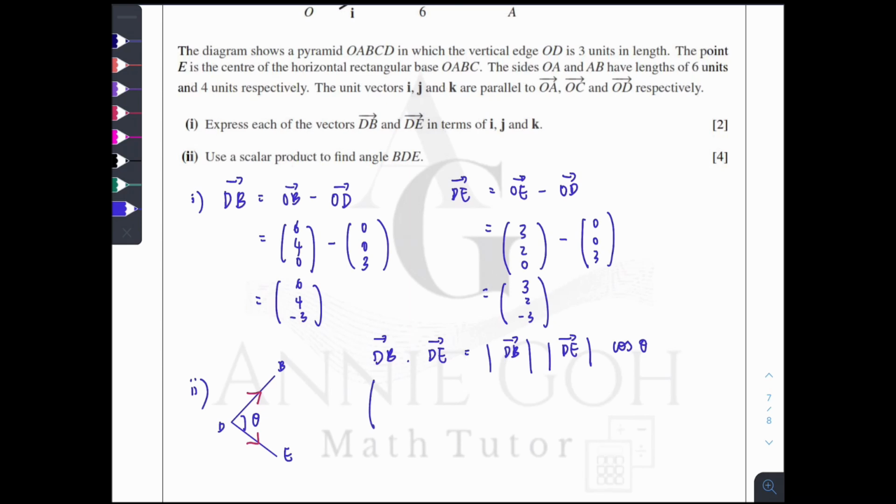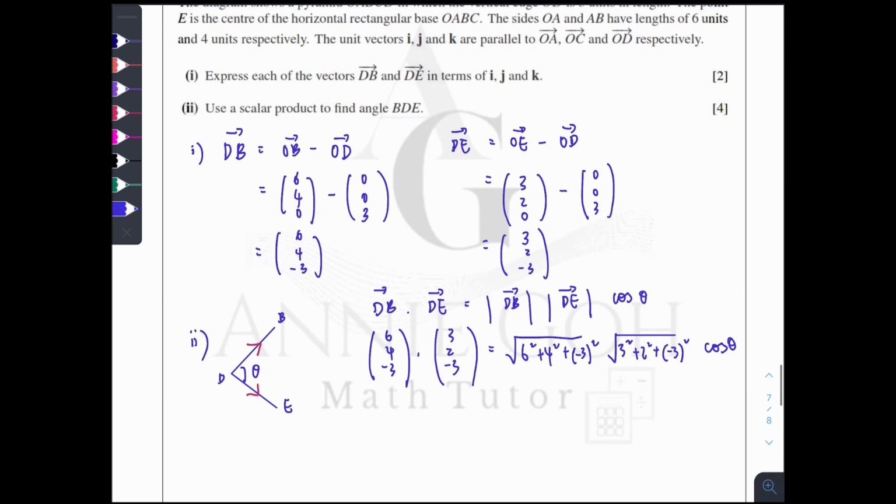So let's sub in the vectors. 3, 2, -3, and the magnitude is the square root of 6 squared plus 4 squared plus -3 squared. The other one is the square root of 3 squared plus 2 squared plus -3 squared, times cos theta.